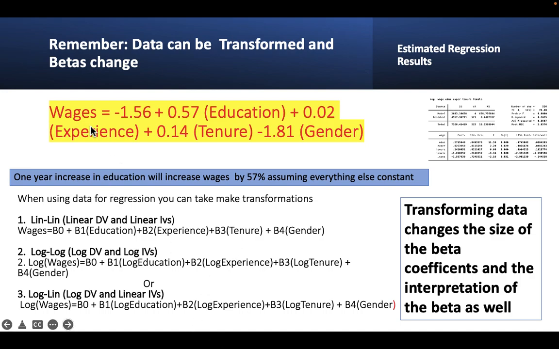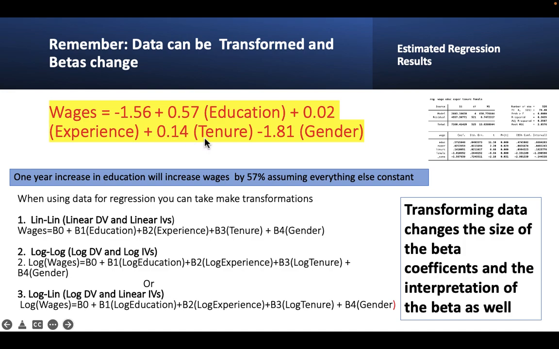So when you have a linear regression model, these coefficients are interpreted in terms of unit change, which means that education increasing by a unit will cause wages to go up by this many units. Tenure going up by 1 unit, in this case 1 year, would result in wages going up by this amount of units.